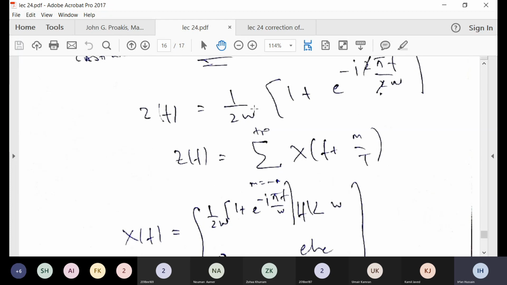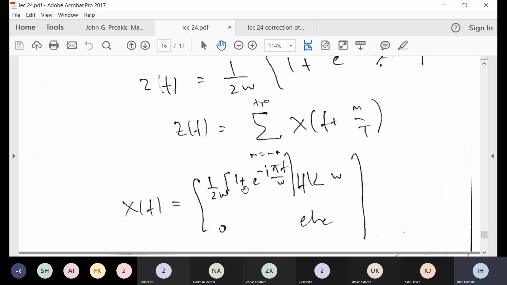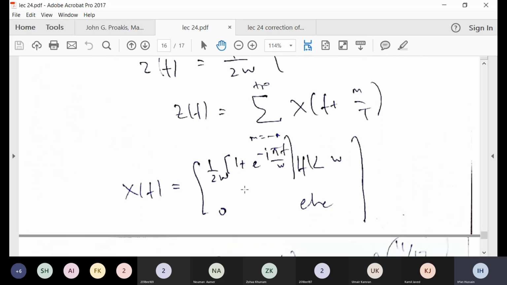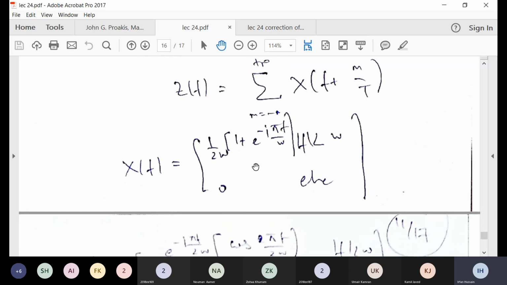And hence you get the answer. The f now is restricted to W, and this is its X of f value.